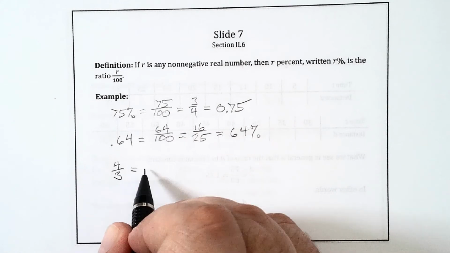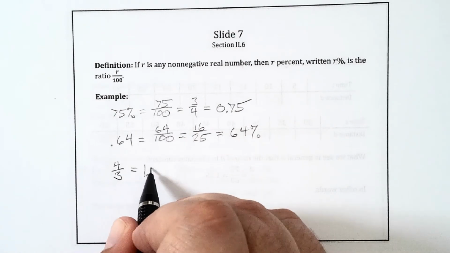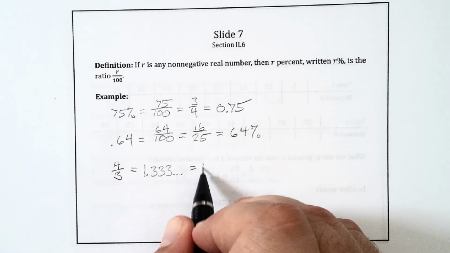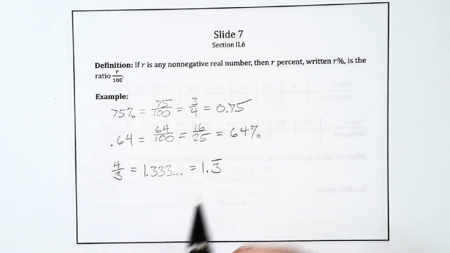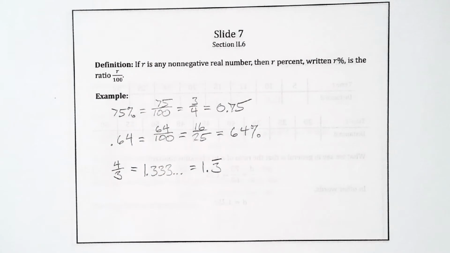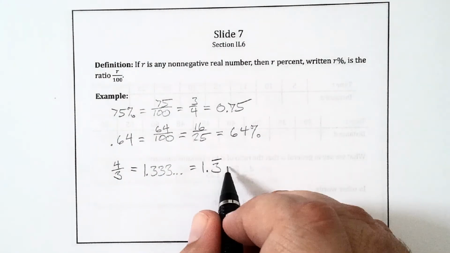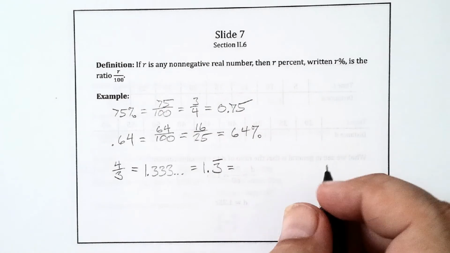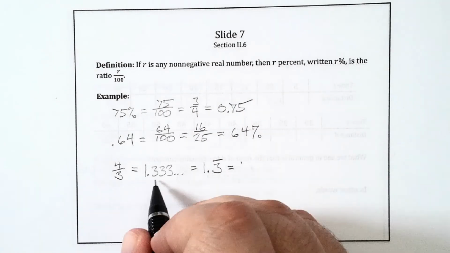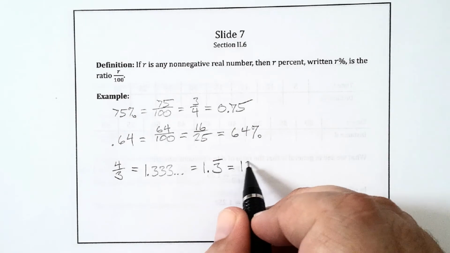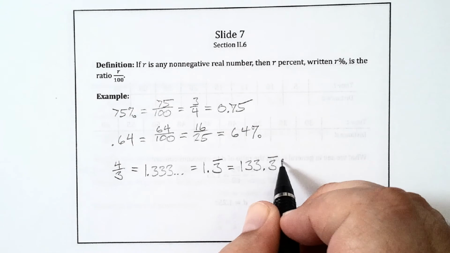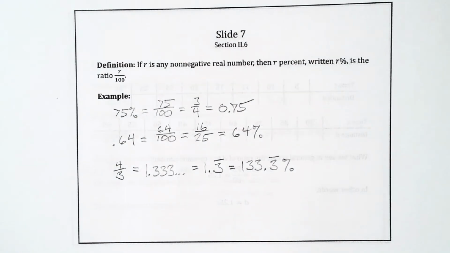So as a decimal, this would be 1.333..., or I could write that 1.3 with a bar over it. And then as a percent, I just moved the decimal point 2 places: 133.3 bar percent, or about 133%.